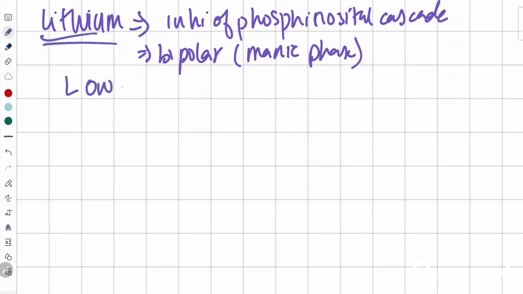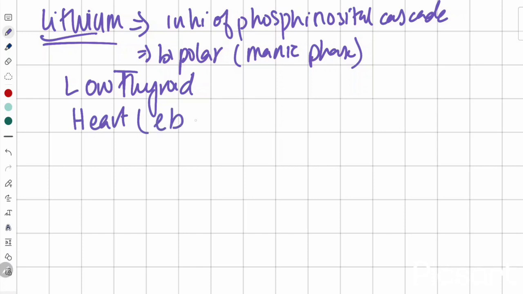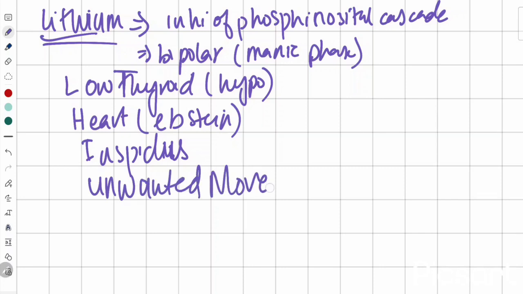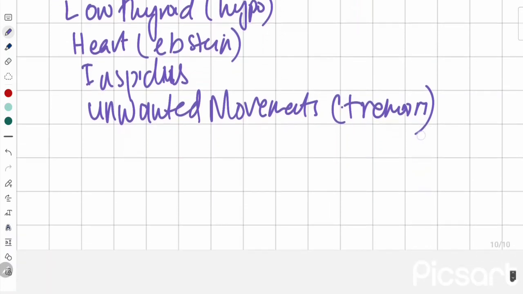LT is for low thyroid, and H is for heart problem, Ebstein anomaly. Low thyroid means hypothyroidism. It causes hypothyroidism, and then it causes nephrogenic diabetes insipidus, and then it causes unwanted movements with UM, that is tremors. So these are the adverse effects.